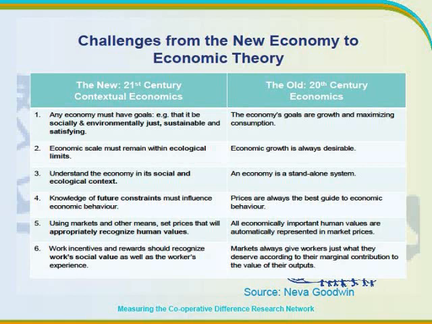The economic scale remaining within ecological limits, where right now we're talking about growth that is always desirable. We need to understand an economy in its social and ecological context. Now it is a standalone system, and both the future constraints have to be recognized, and human values should be appropriately recognized. Right now, they're all supposedly captured in the prices in the market system.